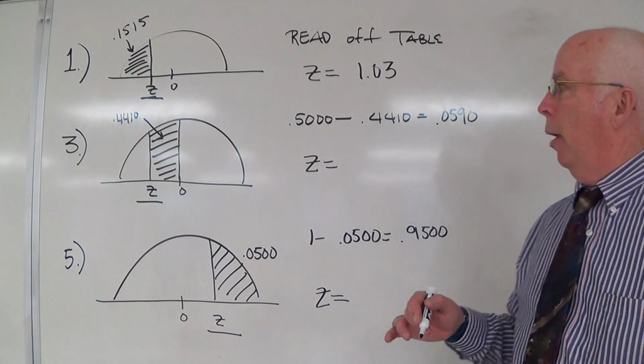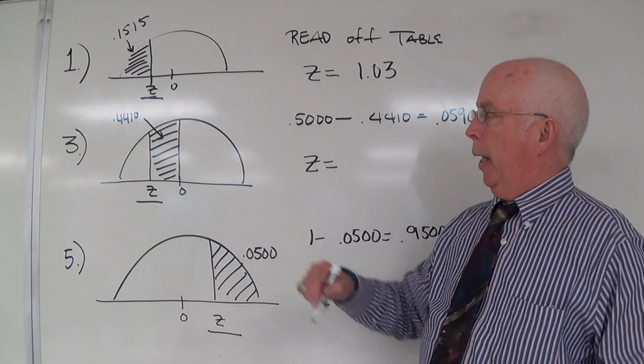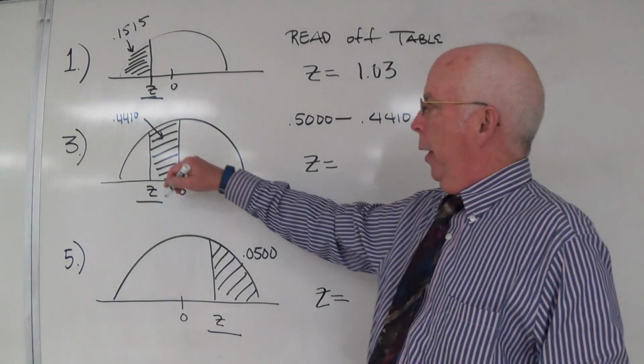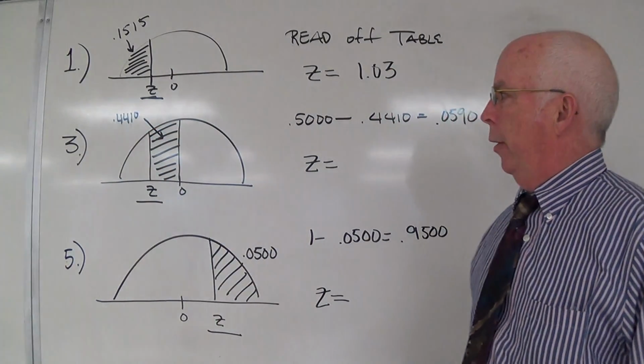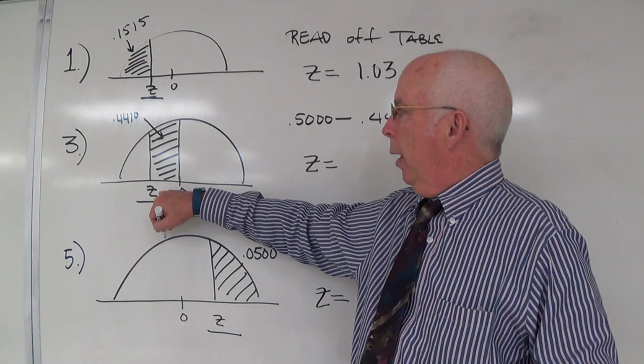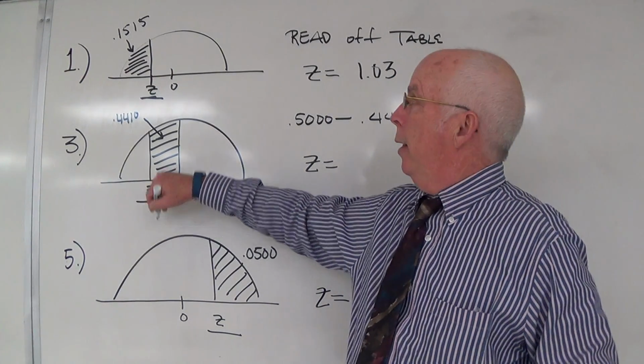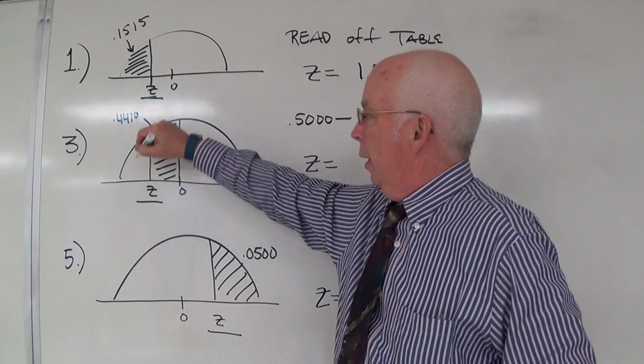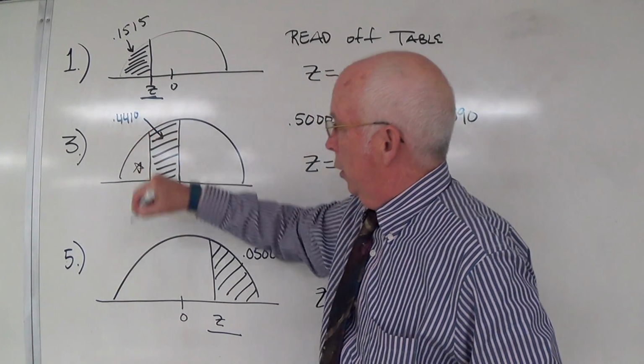Now, looking at problem number 3, welcome back, we give you an area here of 0.4410, and you're going to calculate this z-score right here. Based on how we did problem 1, what you really need is this area inside here.